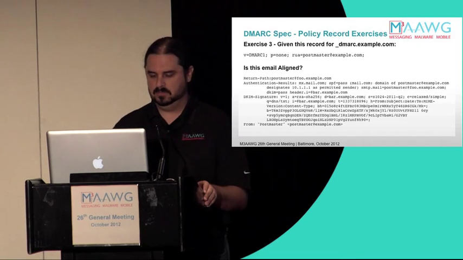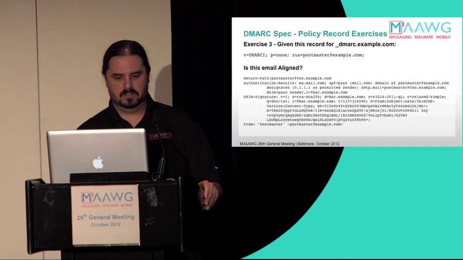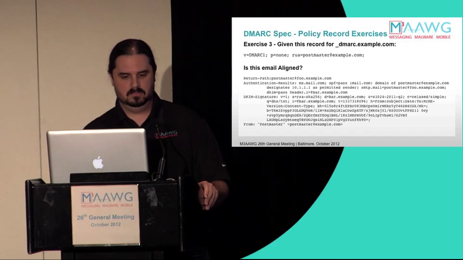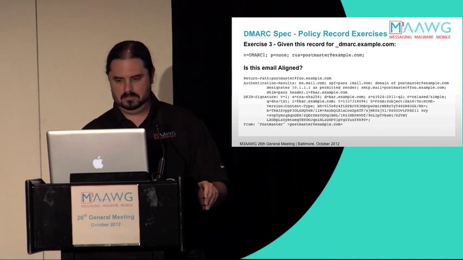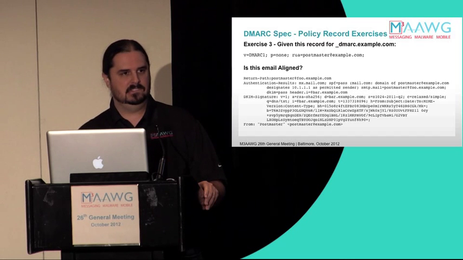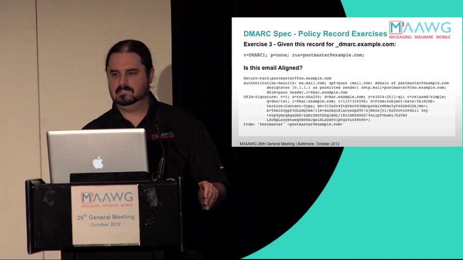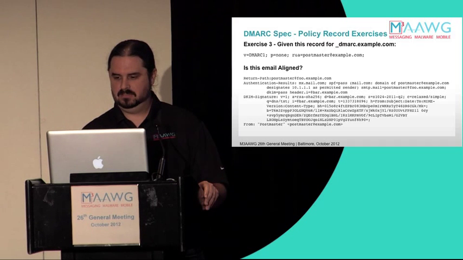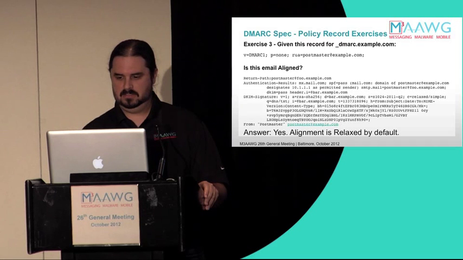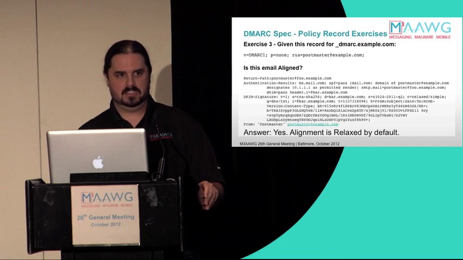So in this example, given this DMARC record for _dmarc.example.com, we have a valid version tag. Is this email aligned? We get a yes. Why? SPF is pass, and alignment is relaxed by default.